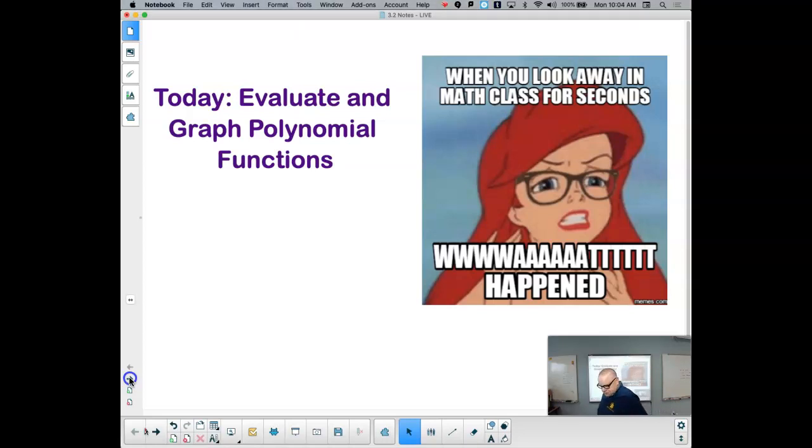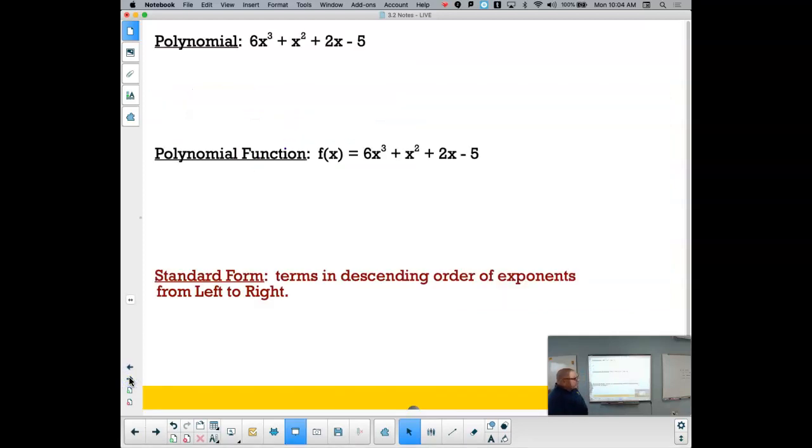Today we are going to be talking about evaluating and graphing polynomial functions. First thing is we should get into a definition of what a polynomial function is or what it looks like.